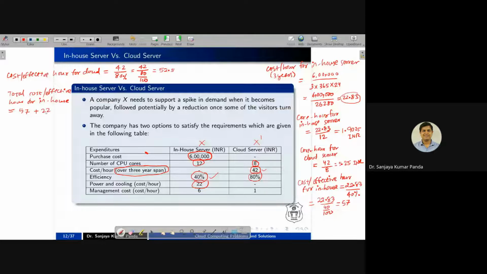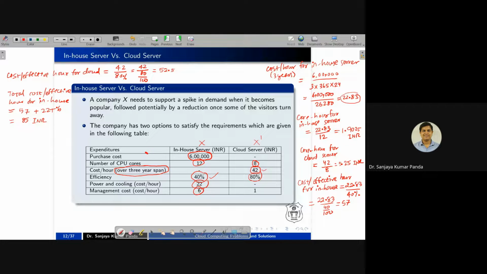That is also going to be included, because when you calculate total cost, all costs need to be included, and we have to include the management cost as well. So 57 plus 22 plus 6, I think you will get 85. Right? If there is any decimal point, you write it. So 85 INR is the total cost for effective hour for the in-house server.